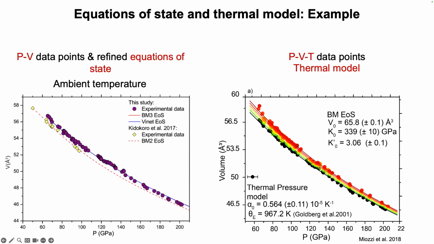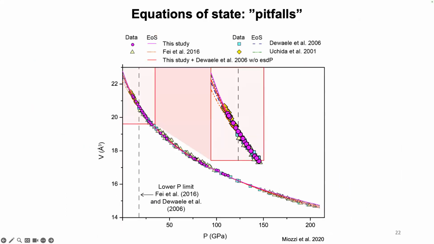But where things can go wrong, one example is this one. So this is 300K data for iron, pure iron. So there have been a bazillion people working on this. And we see that the experimental data all follow the same trend, if we want to say.